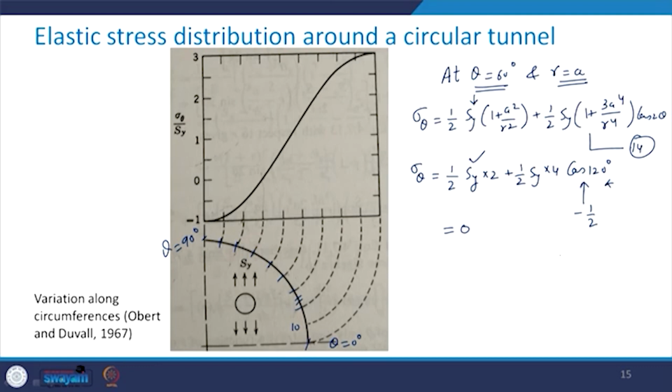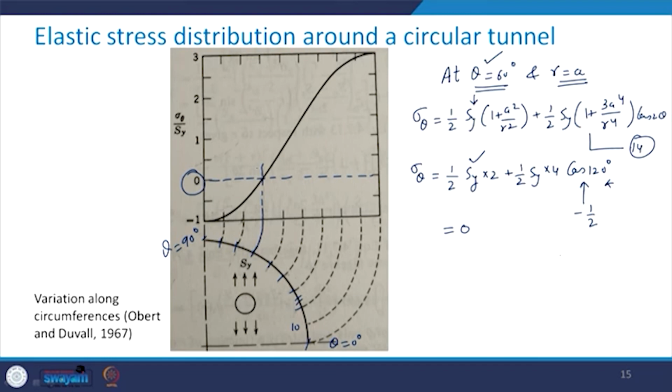Now, take a look here 10, 20, 30, 40, 50 and 60. We just take its projection like this and then take it across, and here you have the stress concentration factor. So, corresponding to theta equal to 60 degree, sigma theta is equal to 0. That is how your curve is also giving it.